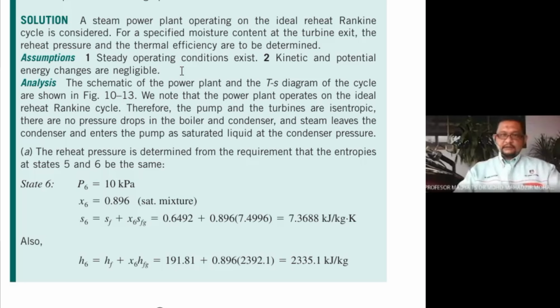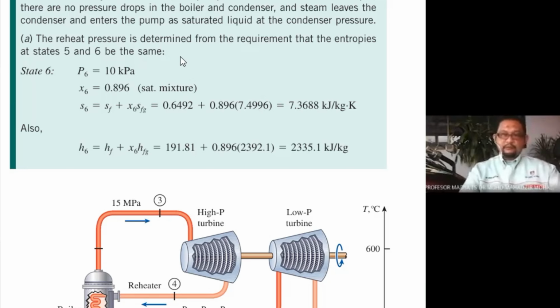From the analysis, it also has the schematic diagram of the power plant and the TS diagram. So from here, you know that for A, the reheat pressure is determined from the requirement that the entropy at state 5 and 6 be the same. Okay, state 5 and state 6.